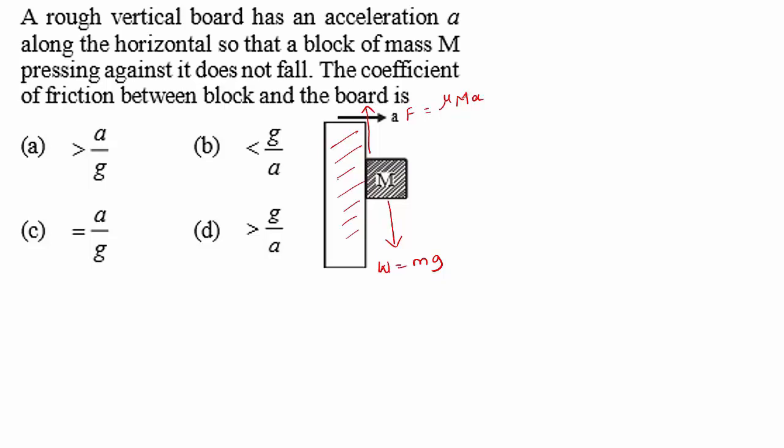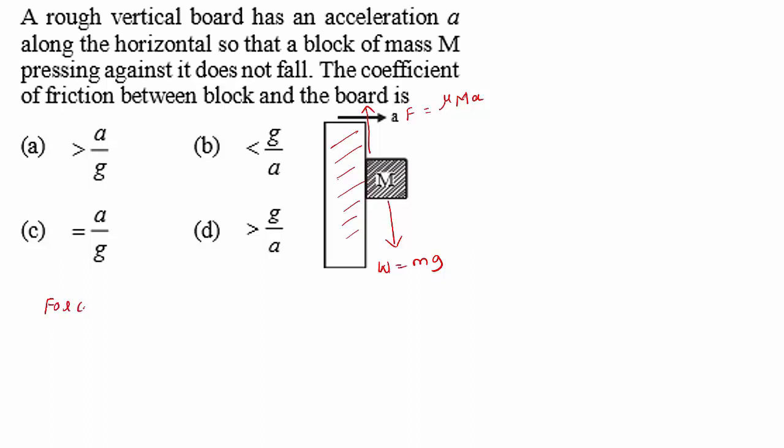Now, to balance the weight so that it does not fall down, the weight of the block and the friction should be balanced. So we can move that block in the horizontal direction.